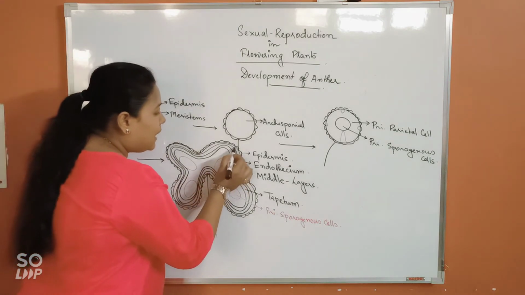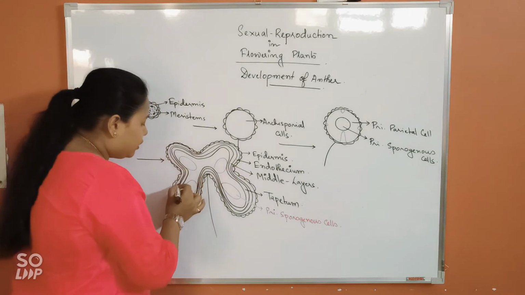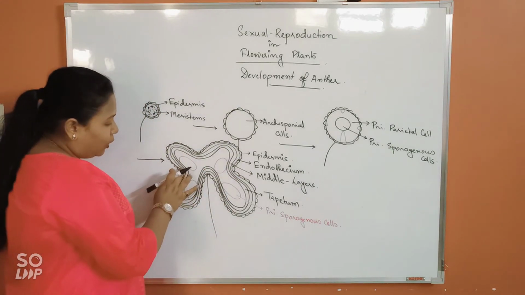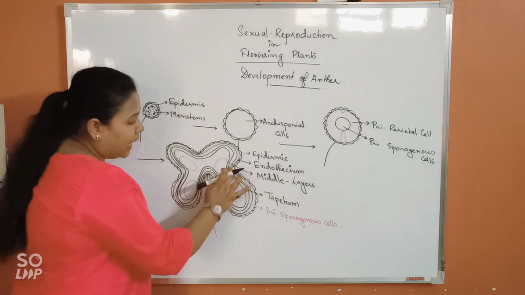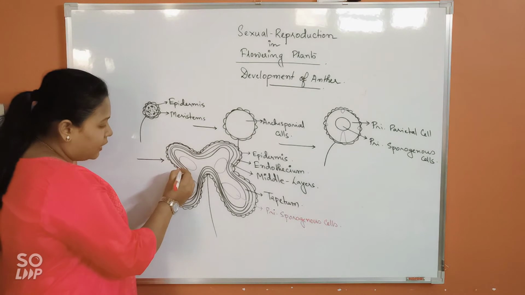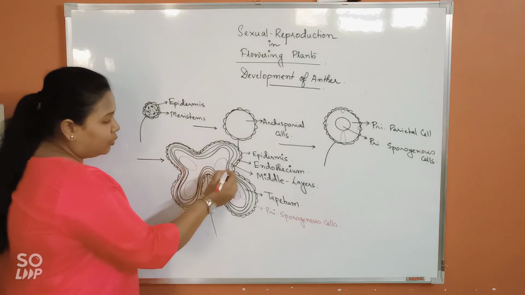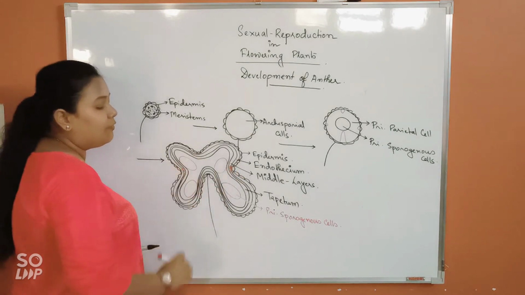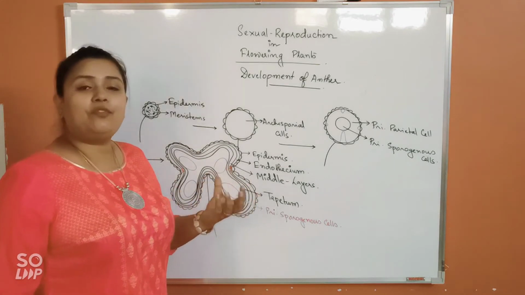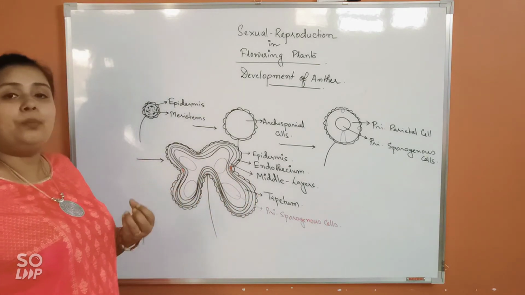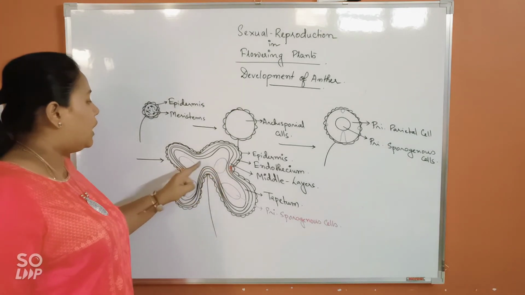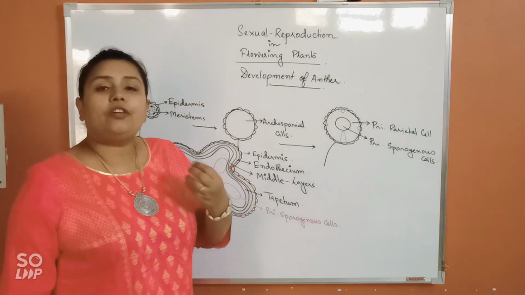See, fibrous thickening will be there entirely throughout the endothecium except for one location, and that location is nearby to this shallow grooves. In this shallow groove area, here, the cells of the endothecium would not bear any fibrous thickening, so that when the anther will mature and it will dry up and it will start to break down, at that time these are the regions of the endothecium that will break or rupture.